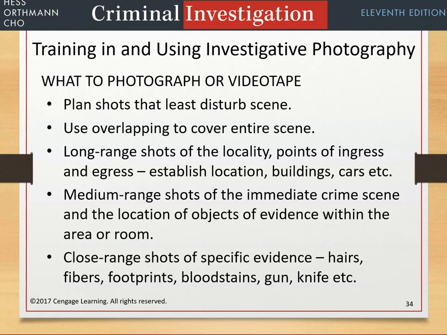Use overlapping to cover the entire crime scene. Overlapping, again, is where you move the camera to cover the entire crime scene area, but plan a sequence of shots. The initial photograph shows the entire crime scene, and then you photograph it in stages.